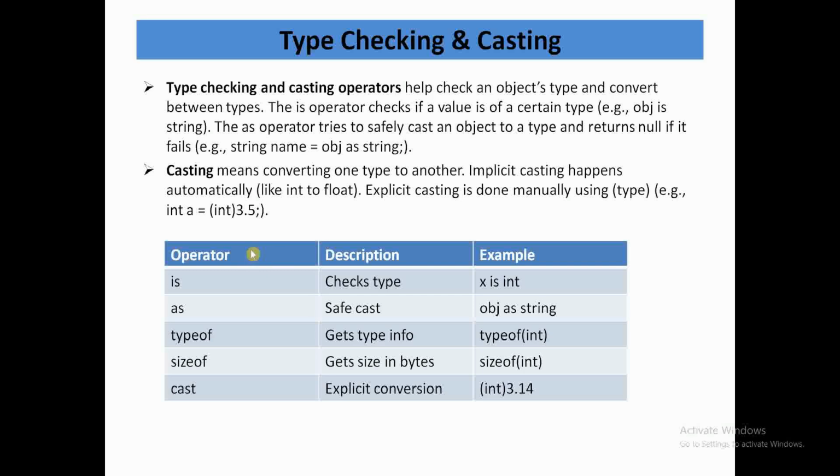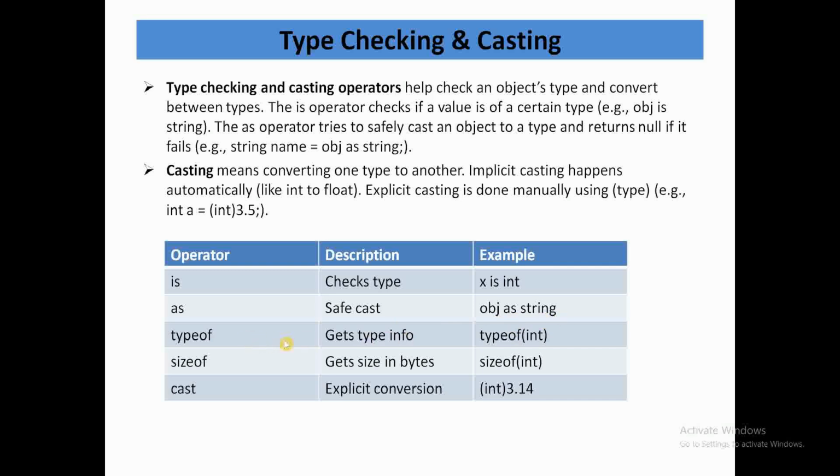So here are the operators. As you can see, the first one is the is operator, which checks the type, whether it is integer type or string type. The as operator is for safe cast. If we have a string value in an object and we are getting that value from object to string, we have to typecast it safely with the as operator, like obj as string.